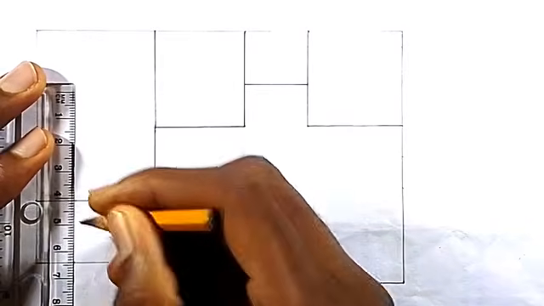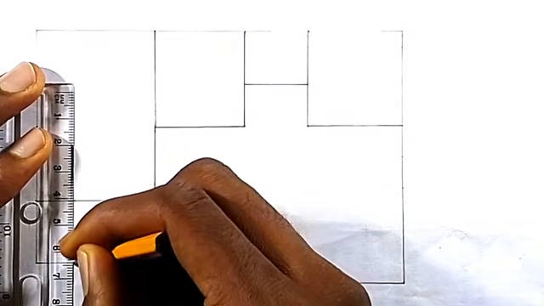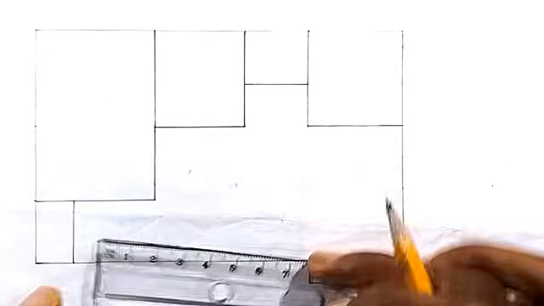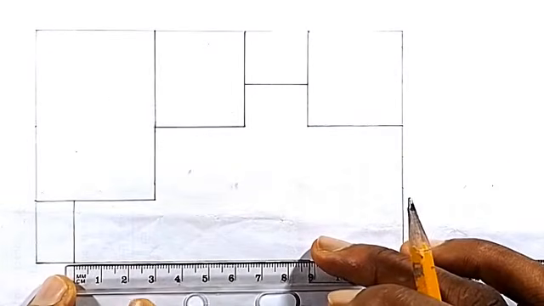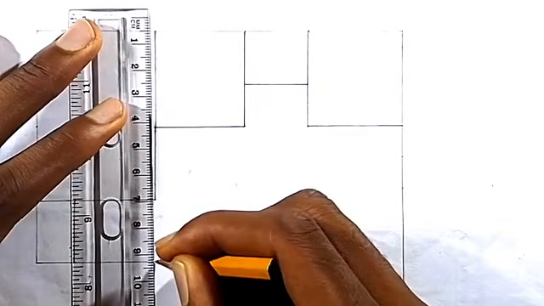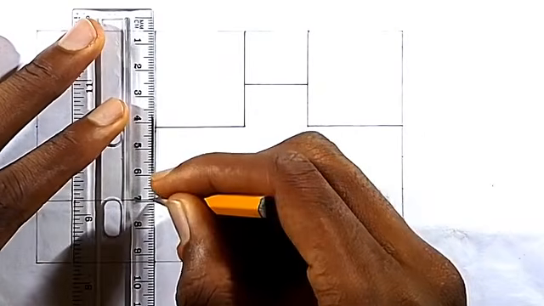Then we join the toilet. Then we have the lobby. The lobby is 3 cm. So here is 3, which is the length of this, giving us the lobby.